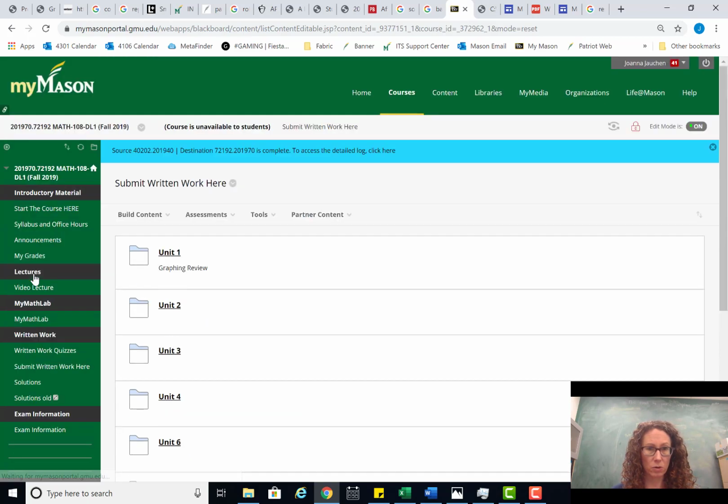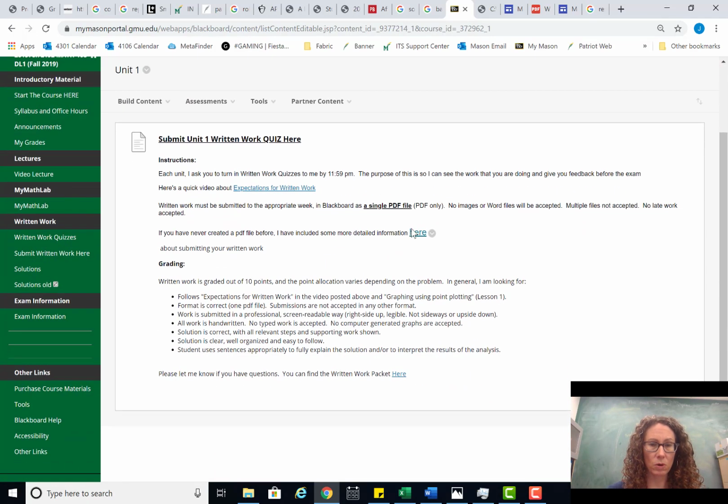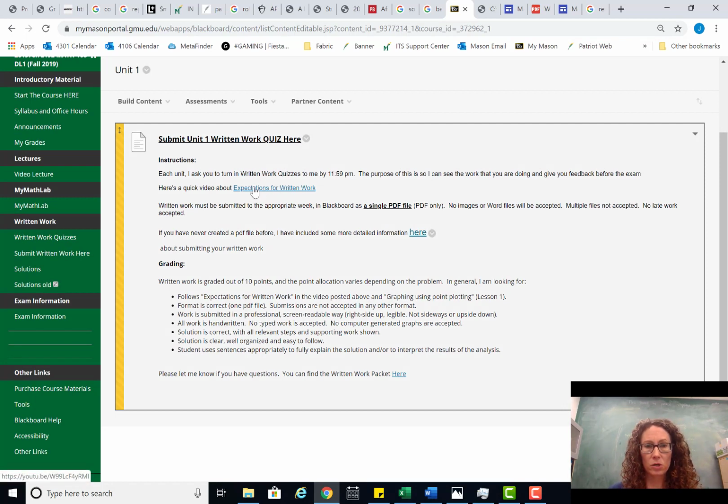And then when you are done and you have your PDF file, you'll submit the written work here. So go under Unit 1, submit the written work here. Here's where you'll find some expectations for written work. I go over that again, about one PDF file and what I'm expecting for the math part of this assignment. Here's the written work packet, but you click right here on this link, submit the Unit 1 work.